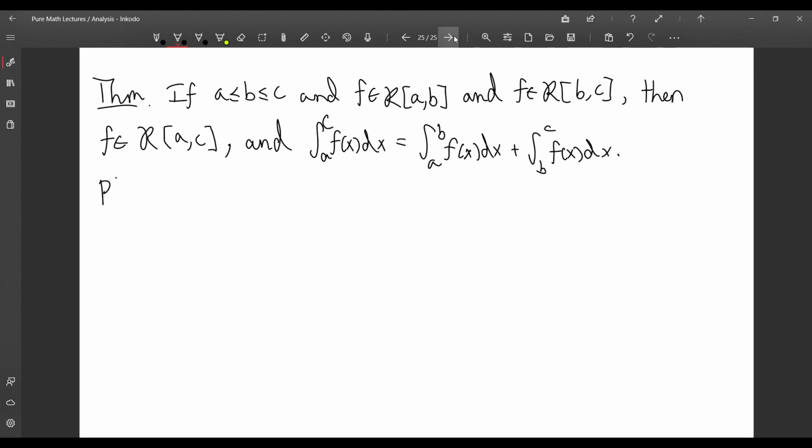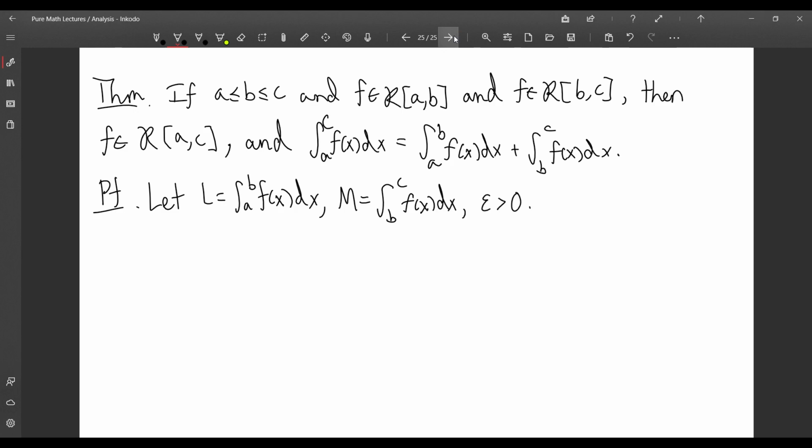Okay, so what we're going to do is let L be the integral on AB and M be the integral on BC, and let epsilon be greater than 0.